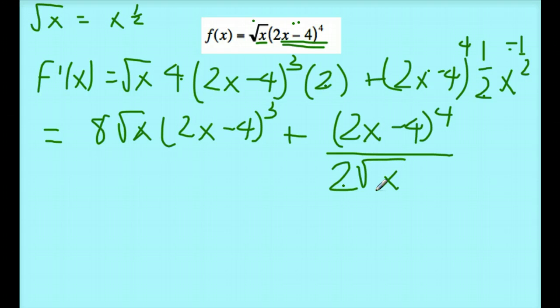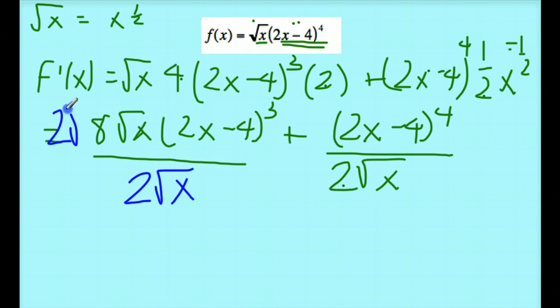So if you take a look, you notice I don't have common denominators, but in order to make this work, I should solve a little bit more and get these common denominators. So I'm going to multiply this side over here by 2 radical x. Let me just use a different color to help you see that I'm trying to get these denominators the same.